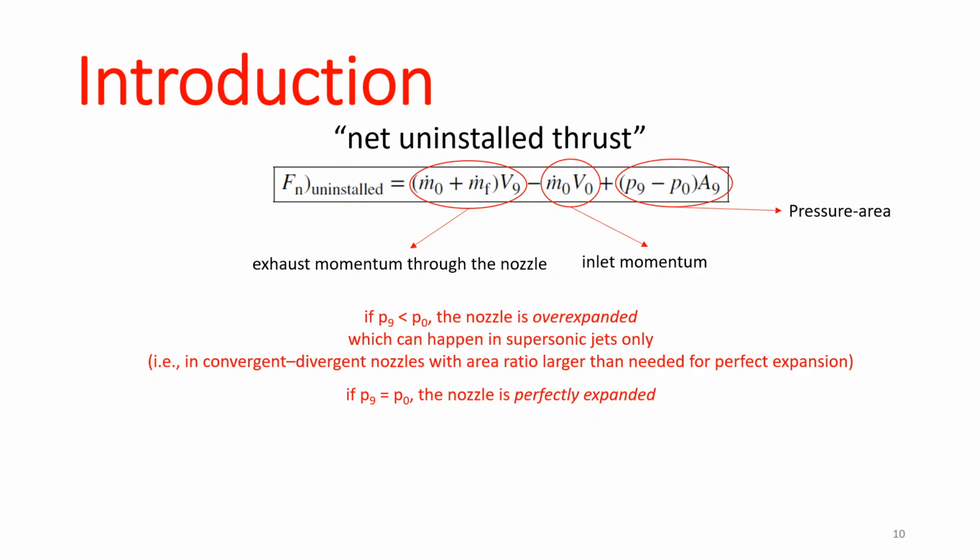If P9 is equal to P0, your exit pressure is equal to P0, then the nozzle is perfectly expanded, which is the case for all subsonic jets and sometimes in sonic or supersonic jets. So what does this tell you? In all of your subsonic jets, your P9 is going to be equal to P0.